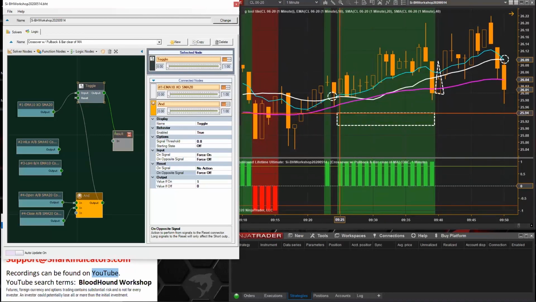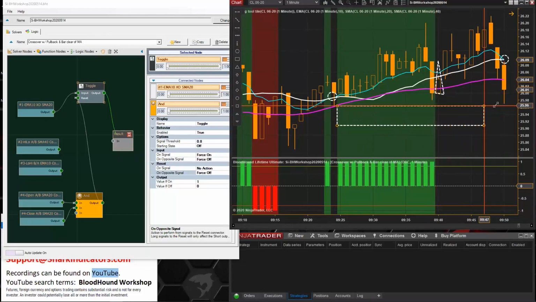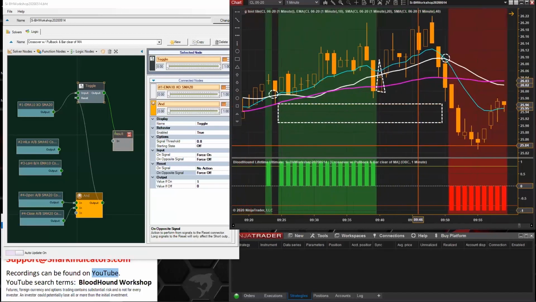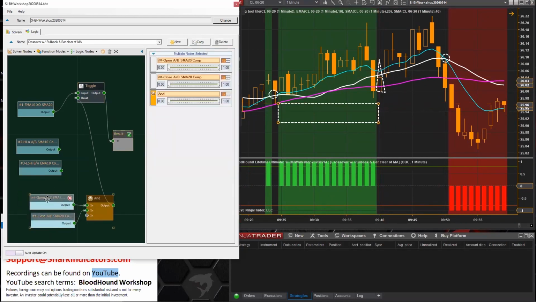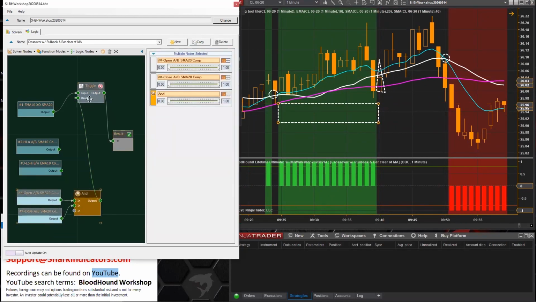So our toggle node is turned on, and it normally would have stayed on all the way over here, but because we had the open and close below our moving average, this logic going into the reset turned our toggle node off.